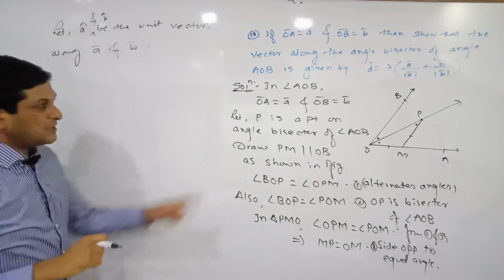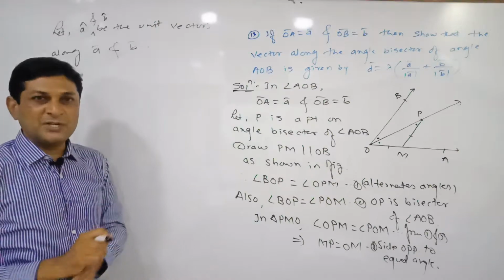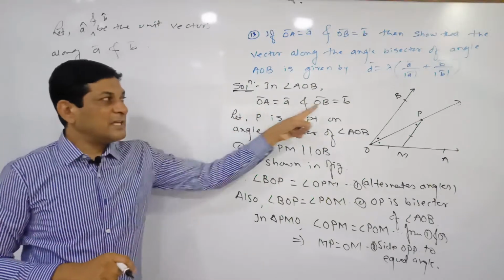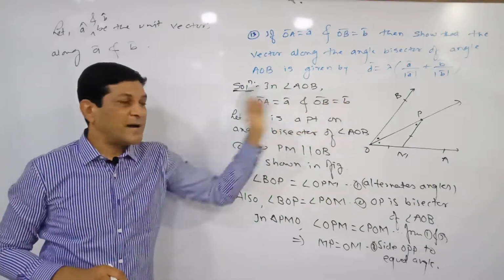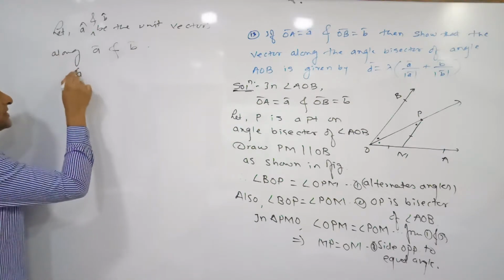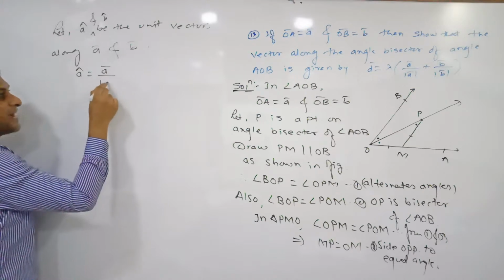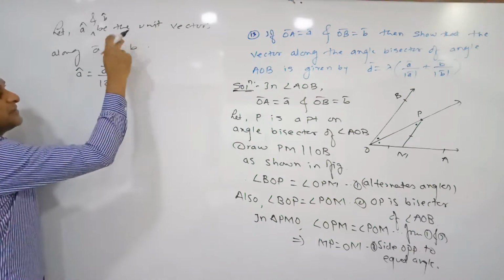A bar means OA bar, and B bar means OB bar. In short, A cap is the unit vector along OA bar and B cap is the unit vector along OB bar. And since A cap is a unit vector, its value will be equal to A bar divided by its magnitude, and B cap is a unit vector along what?